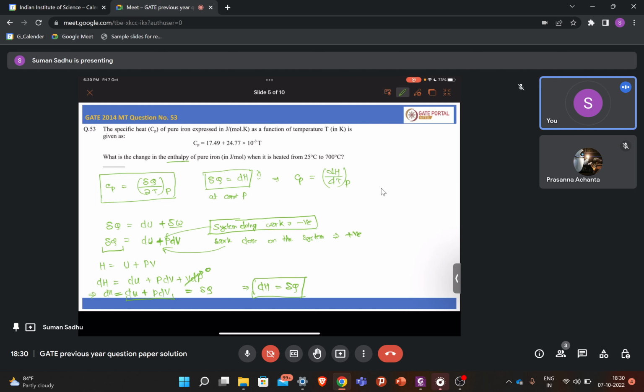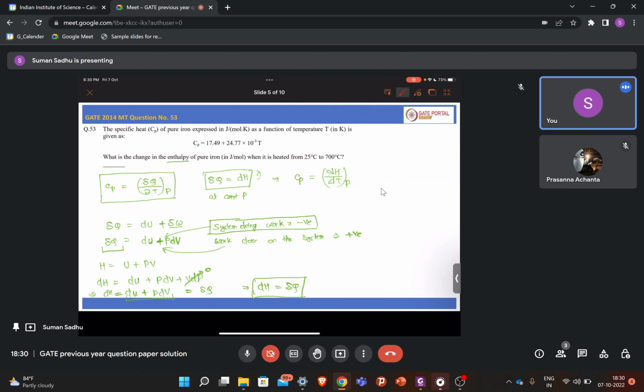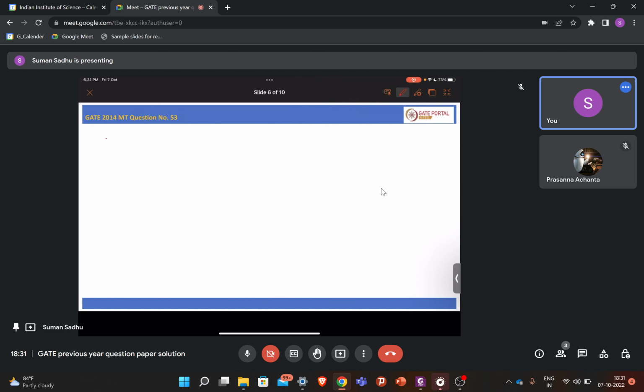Now we know that we can write Cp in terms of delta H and delta T at constant pressure. Cp is dH by dT, so if we bring dT to the other side, dH equals Cp dT. Now if we integrate, what is the temperature range?